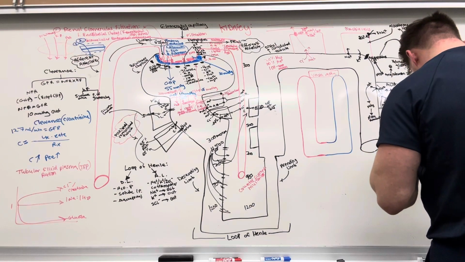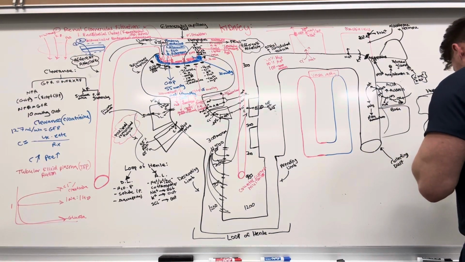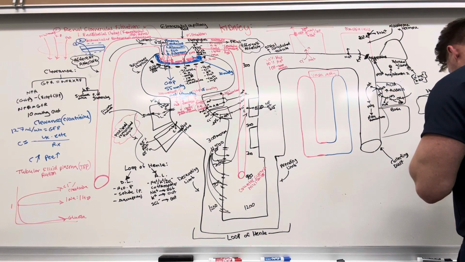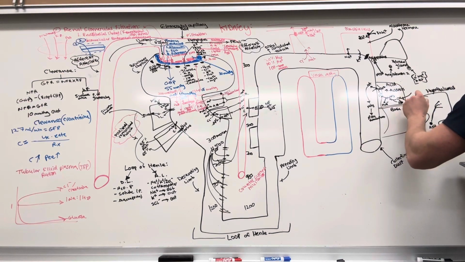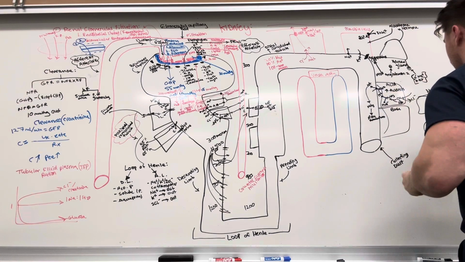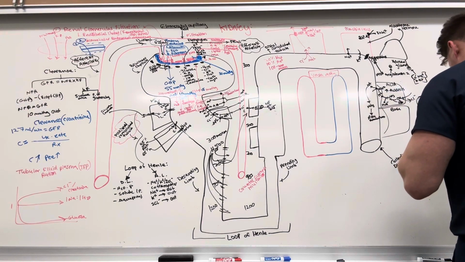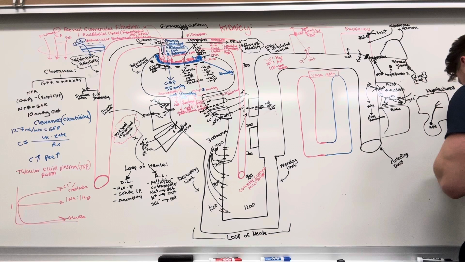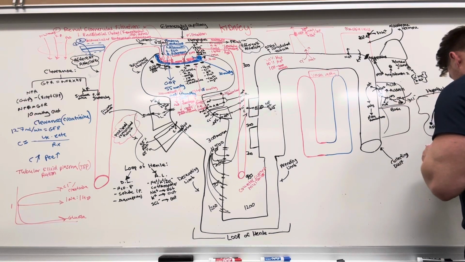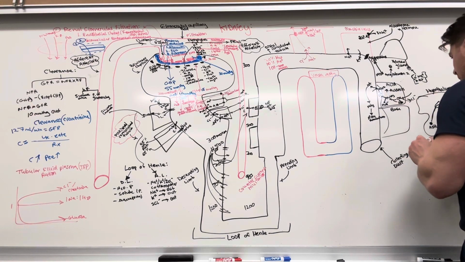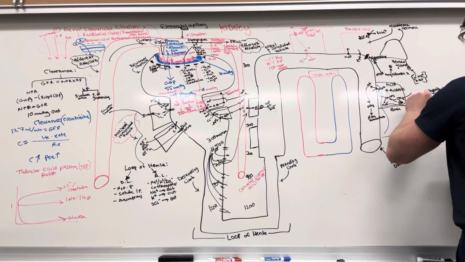And then when they make ammonium, we can secrete that in the urine. And then we would have Cl coming through the transporter there. And one other thing that we want to happen sometimes is bicarbonate to come back over here.